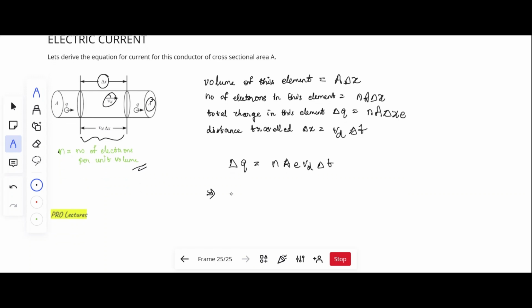From this, we can write ΔQ by Δt equals n A e Vd. This is the expression for current.